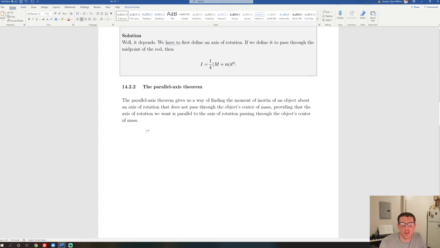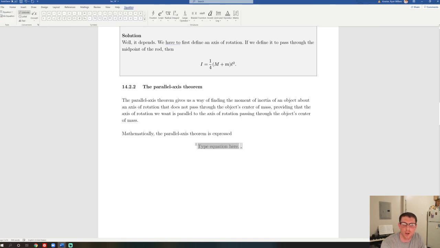So what I wanted to say, though, is that mathematically, the parallel axis theorem is expressed, and I'm going to write this, I prime equals I center of mass plus, let's say, m d squared.